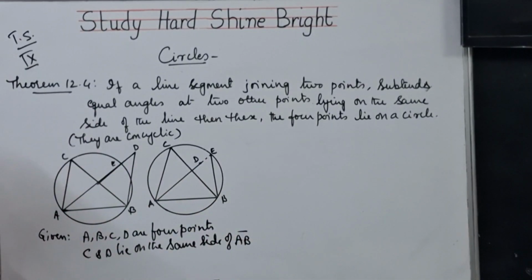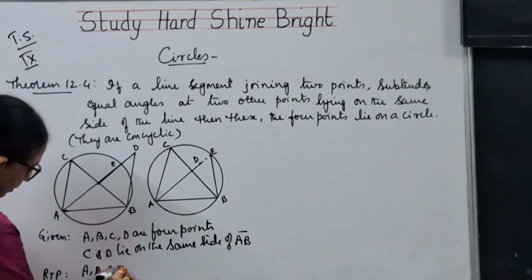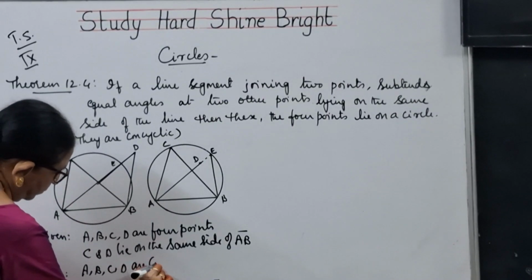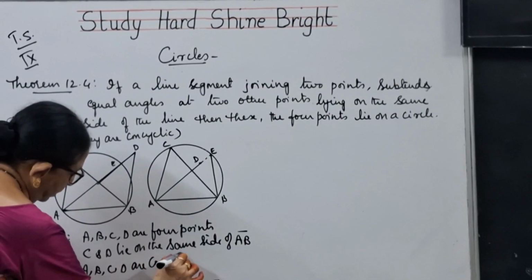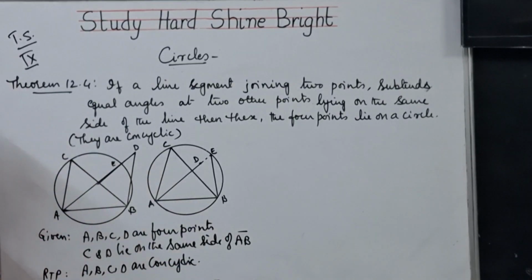This is given to us. Now what is RTP? You need to prove that A, B, C, D are concyclic. That means they are on the same circle you have to prove.